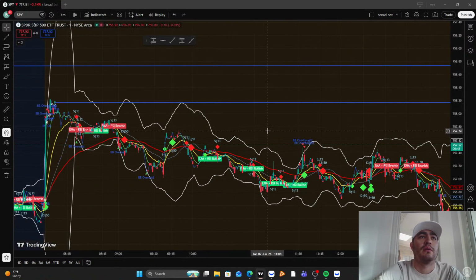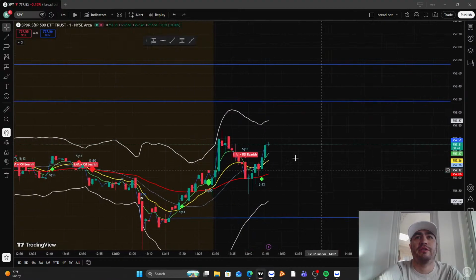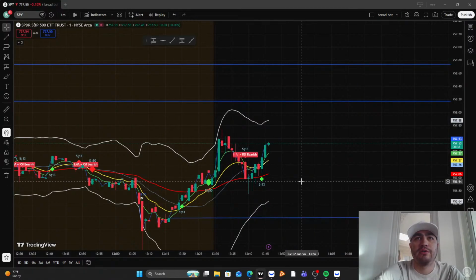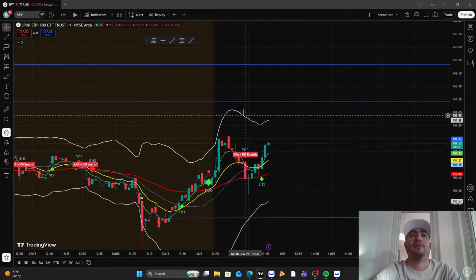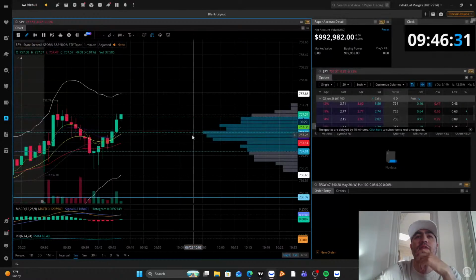Huh. Might not even get that small downward push here. We are looking bullish. We're just closer to here. You know, I think we're gonna risk it off the top here. I think that's what we're gonna do. We're gonna risk it for the biscuit on this one.